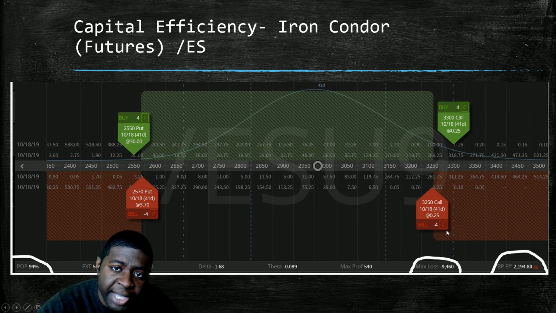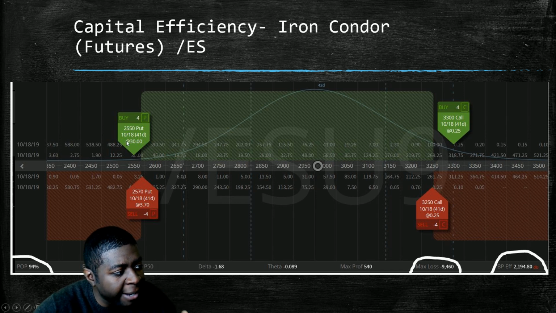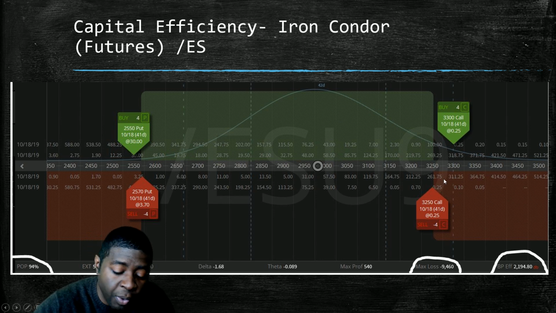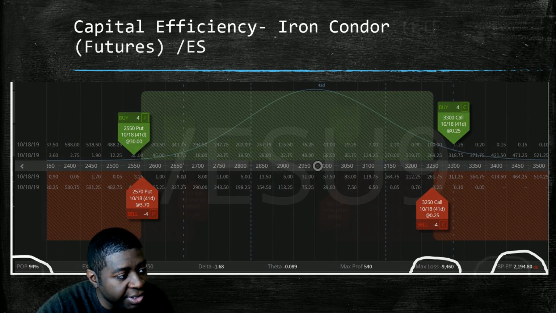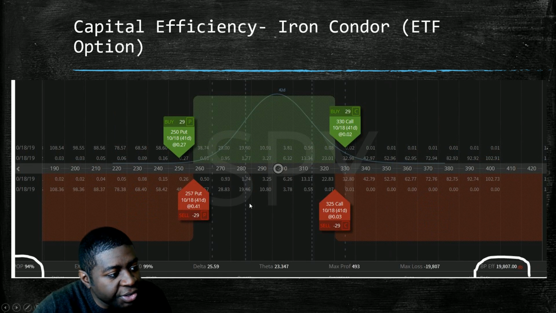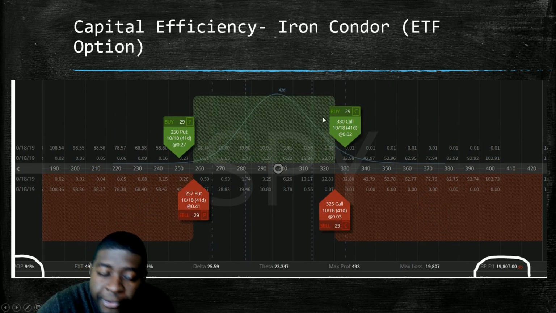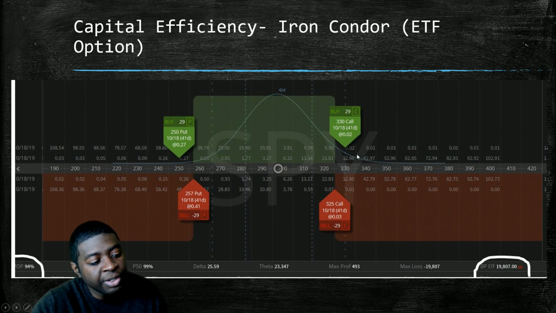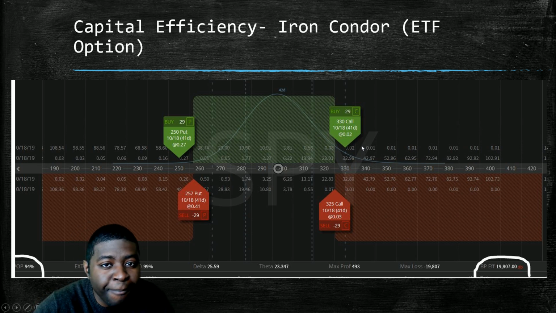Now let's do this same trade, right? Pay attention to the fact that, again, this is a 41-day trade, right? We're only trading 4 contracts on each side of the trade. Now let's do this with equities, and you're going to see where the big difference lies here. All right, so now same trade, but we're using ETF equity options. And as you can see here, it requires significantly more contracts to deliver the same amount of max benefit.